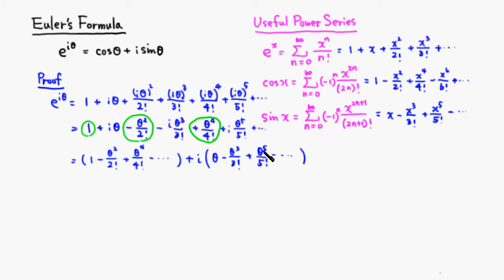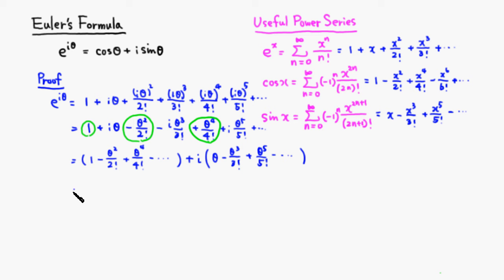Then we recognize these terms. 1 minus theta squared over 2 factorial plus theta to the 4th over 4 factorial fits the pattern of cosine, except that the x is replaced by theta.